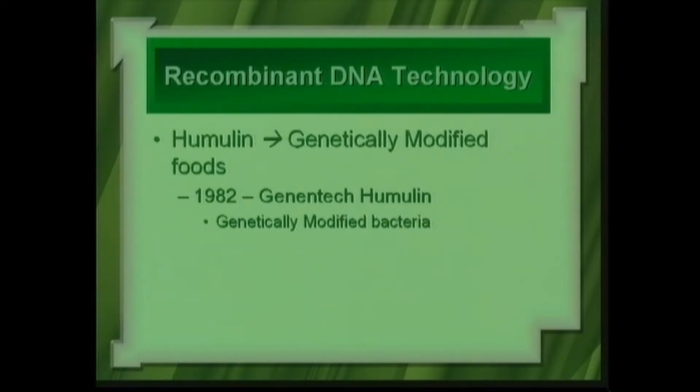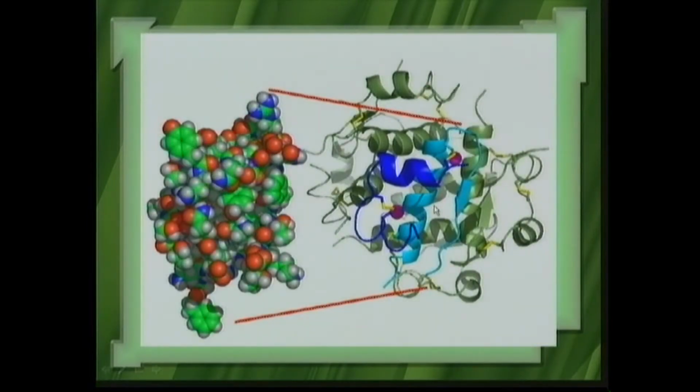So they were actually able to genetically engineer these bacteria to produce a human protein called humalin. This is a couple of different kinds of illustrations of insulin. You can see that it is pretty large of a molecule, but still, think about it. Think about the miracle of our genome being able to produce something as complex as this.